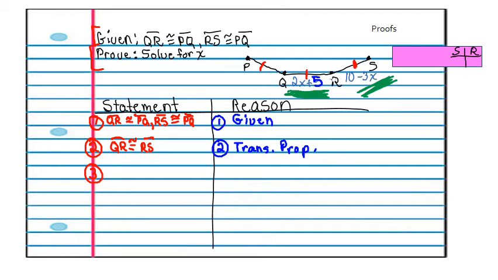What's the next thing that we know here? Well, we know that QR equals 2x plus 5. The whole thing is that we're trying to find x. And that it equals RS, which is 10 minus 3x. Now, anytime we put something in for something else, that is that we kind of replace things, there's a couple of things that we can do.